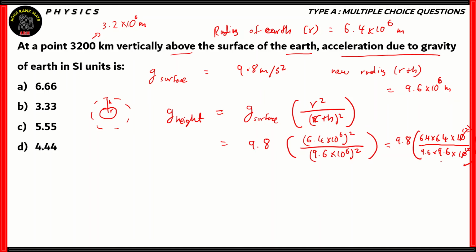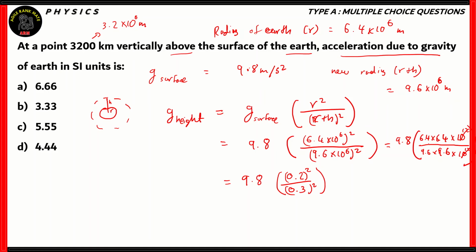Then we have 6.4 and 9.6. Now, both of these can be divided by 3.2, because 3.2 times 2 is 6.4, and 3.2 times 3 gives you 9.6. So therefore, we can write the fraction in the brackets as 0.2 squared over 0.3 squared.